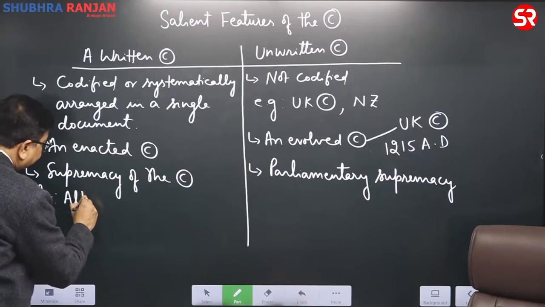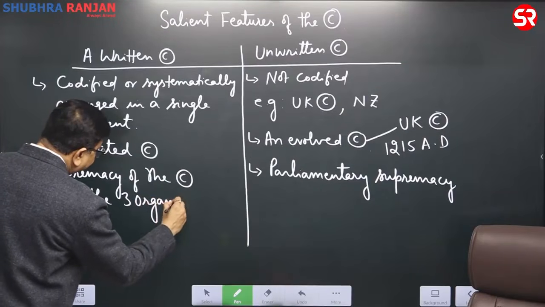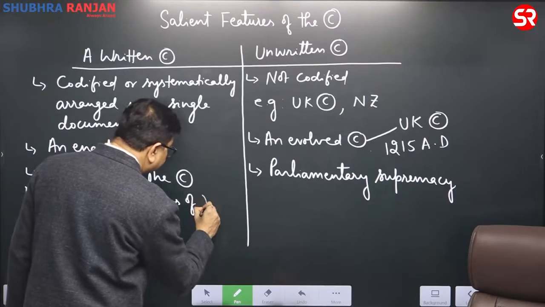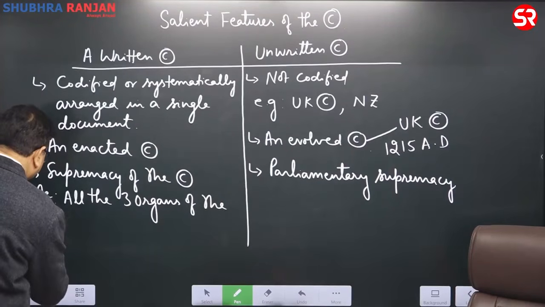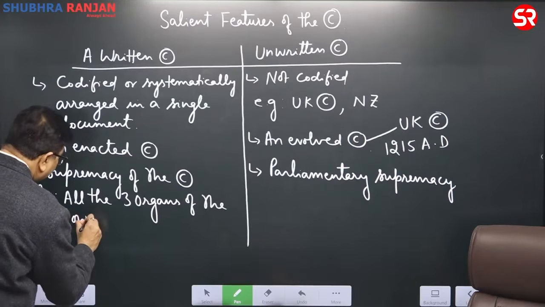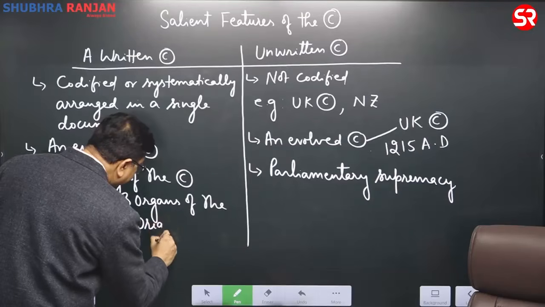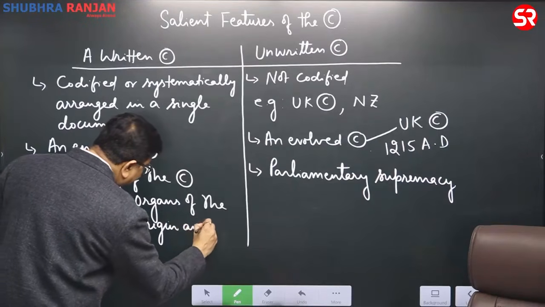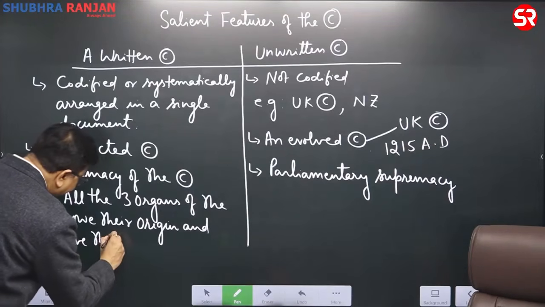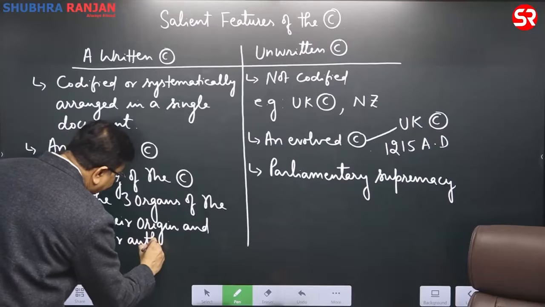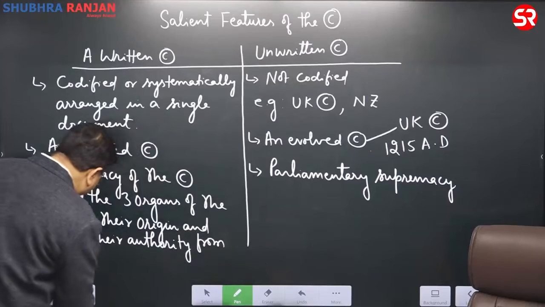Because all the three organs of the government owe their origin and derive their authority from the Constitution.